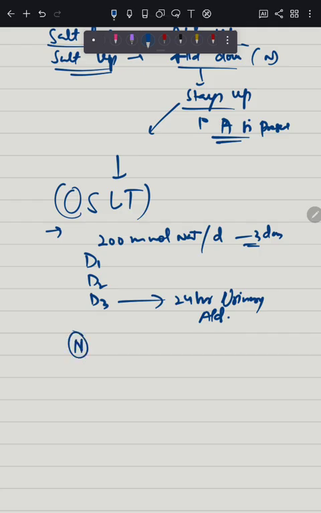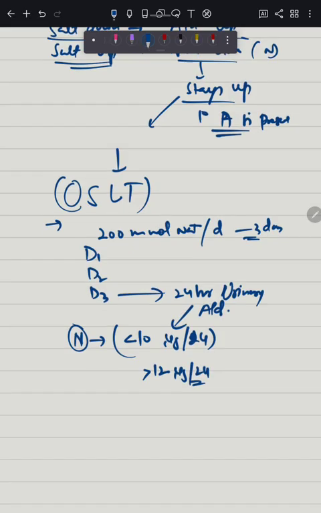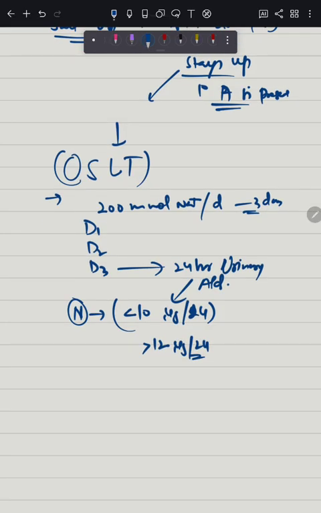Normally you will expect aldosterone levels to fall, that is less than 10 microgram per 24 hours. But if it is primary aldosteronism, aldosterone stays high, that's more than 12 microgram per 24 hours. This is a simple idea. In primary aldosteronism, aldosterone doesn't switch off despite salt overload.